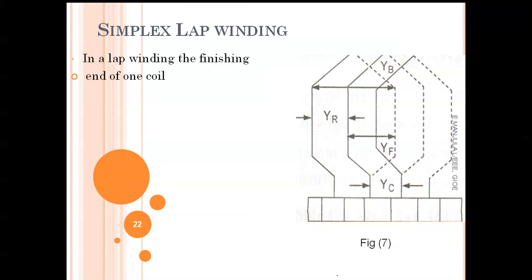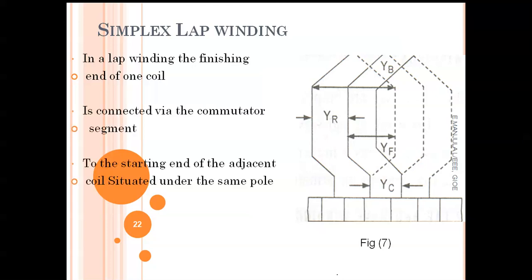What is a simplex lap winding? So we will see the first type, lap winding. Here in the lap winding, the finishing end of one coil is connected via the commutator segment to the starting end of the adjacent coil situated under the same pole.